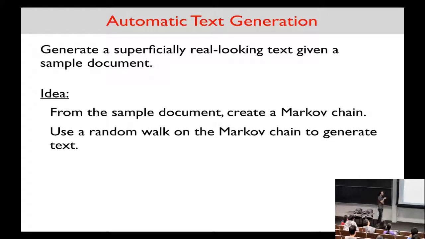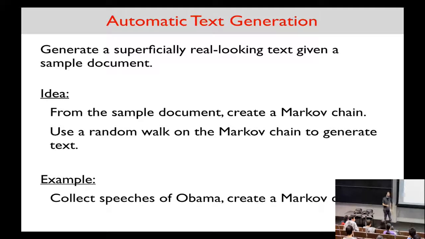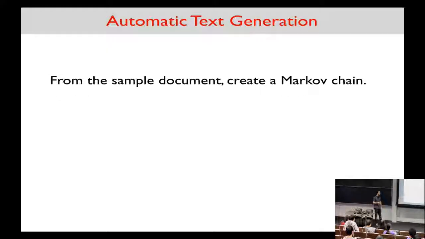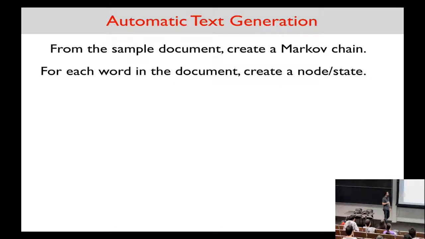So you use a random walk. You want to create a Markov chain that has the statistical information about Obama's speeches. And once you have that, you can generate new speeches using a random walk on that Markov chain. So how would you build the Markov chain?